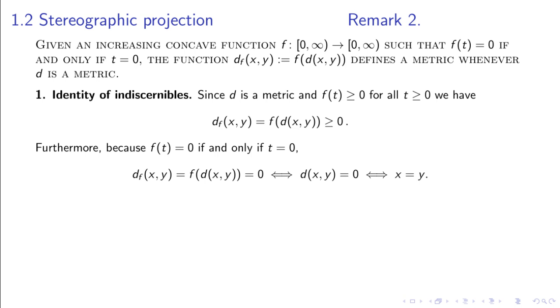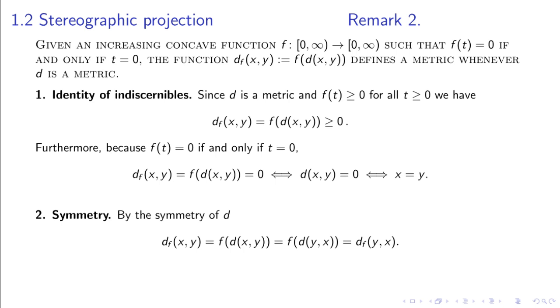So d_f(x, y) equals 0 if and only if f(d(x, y)) equals 0, which holds if and only if d(x, y) equals 0. Since d is a metric, d(x, y) equals 0 happens exactly when x equals y. Thus, d_f(x, y) equals 0 if and only if x equals y.